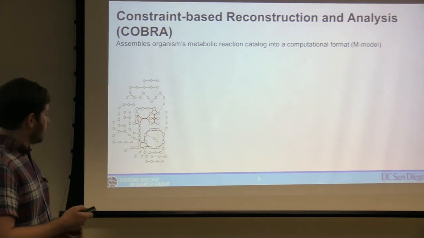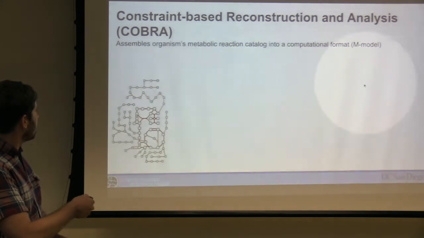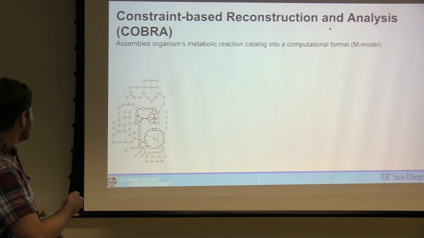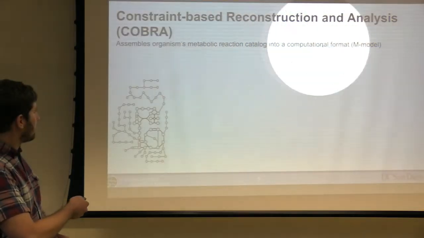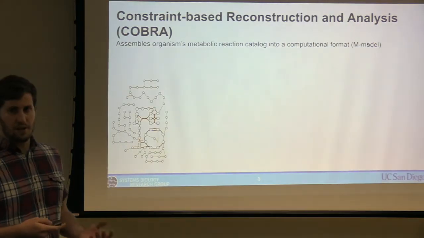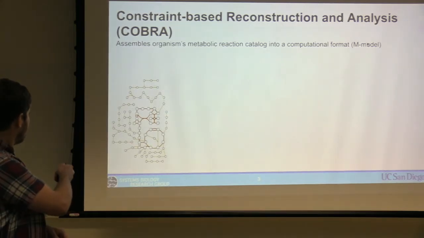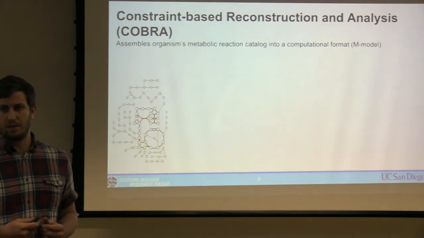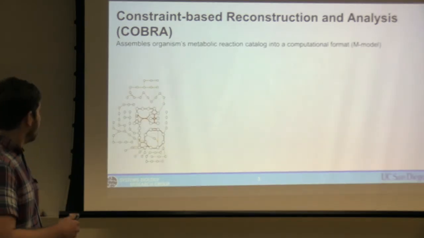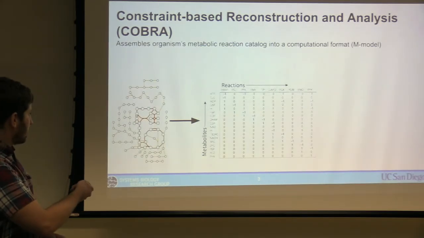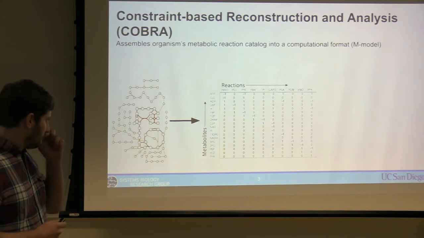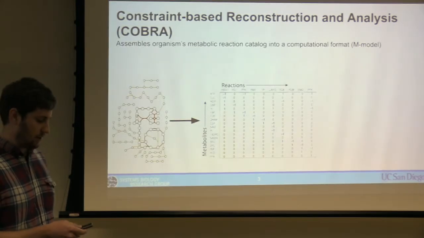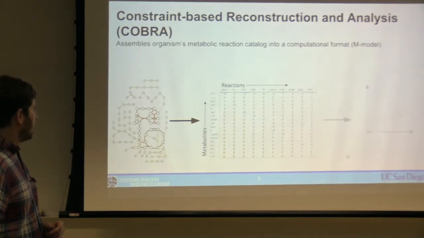Just as a little bit of background, I'm sure you're very familiar with this at this point: generally, constraint-based reconstruction and analysis. This method takes the organism's metabolic reaction catalog, pretty much every reaction that an organism is known to be able to catalyze, and converts it into a computational format called a stoichiometric matrix, detailing the possible stoichiometries of the reactions the organism can accomplish.